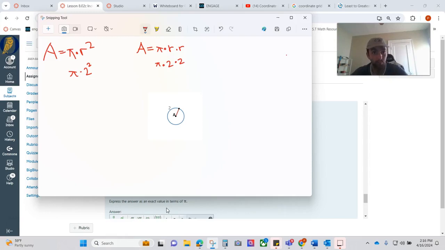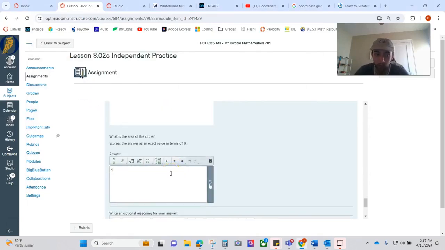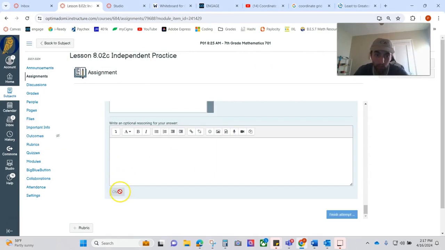So we are going to multiply all our other numbers and put that in front of pi. So we're going to do all the normal steps, but not multiply it with pi. So 2 to the power of 2. 2 times 2 is 4. So our answer is 4 pi. 4, then the pi button, check.